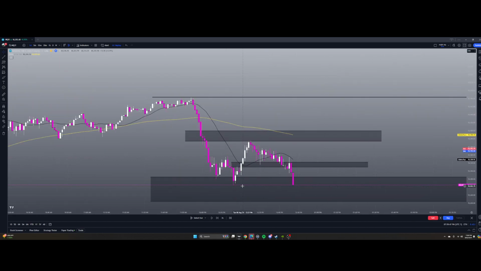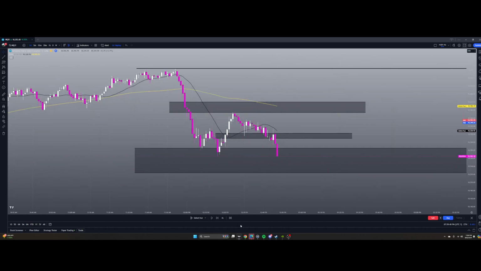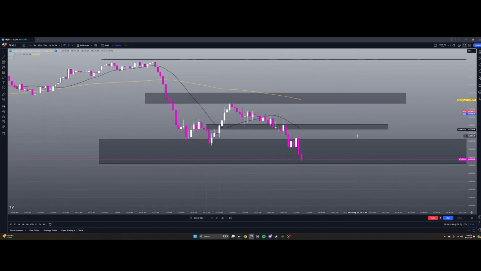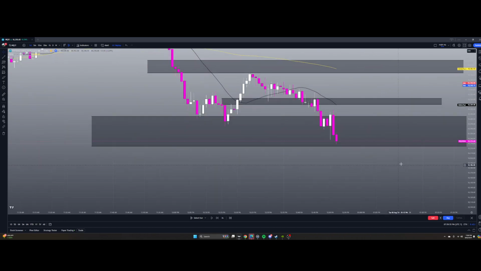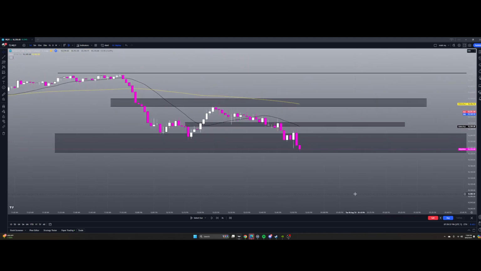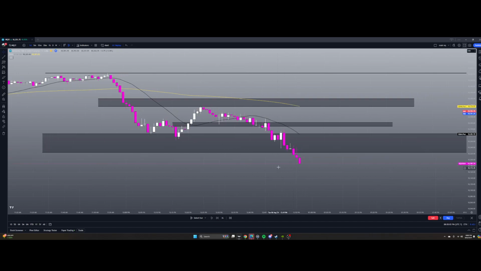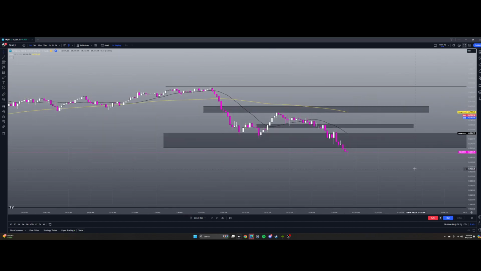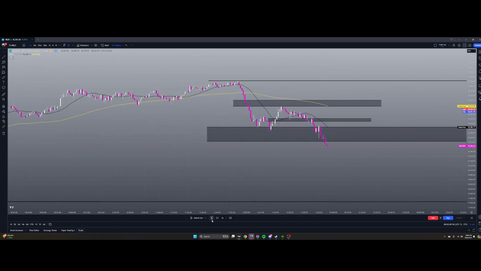Here we're looking for it to hold below this low and continue to push. So here we got a wick out. That's another good sign, an indication of buyers trying to push it back up, but sellers just completely absorbing them and taking over. So here we had an open and rejection. I personally like to take entries off of that. We can also look for the break and retest of the zone.